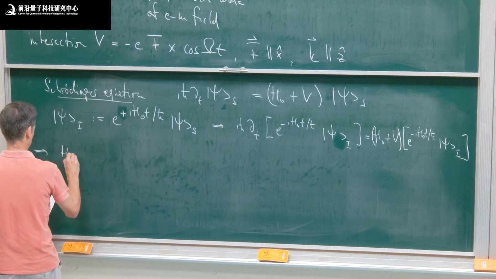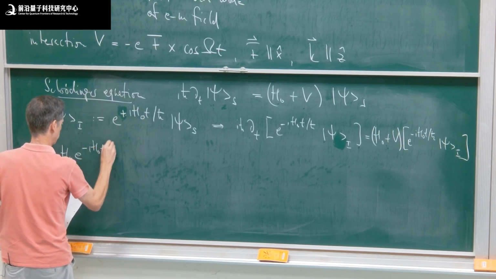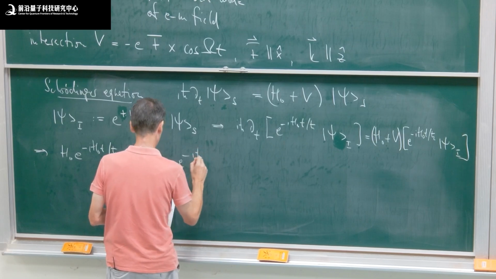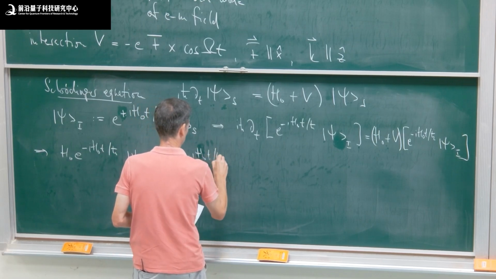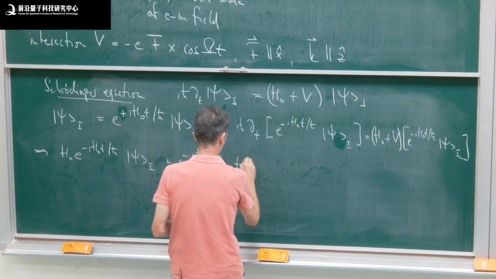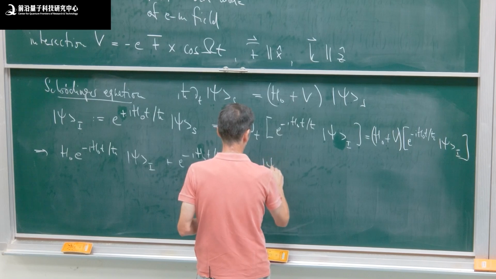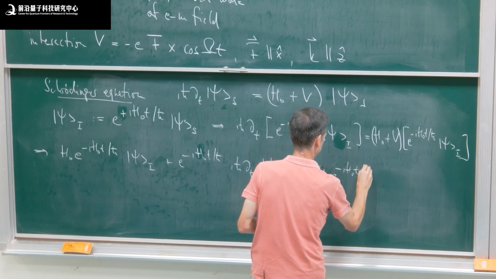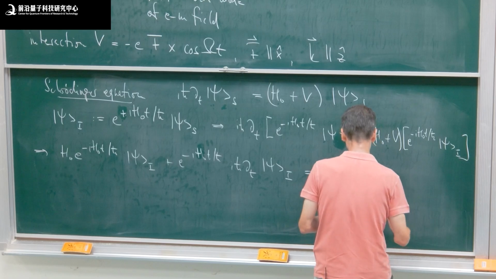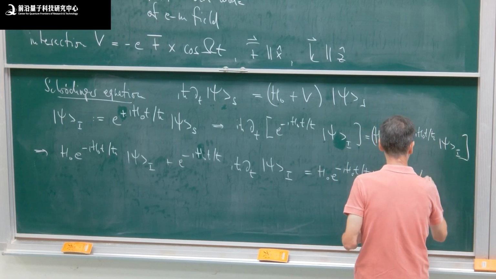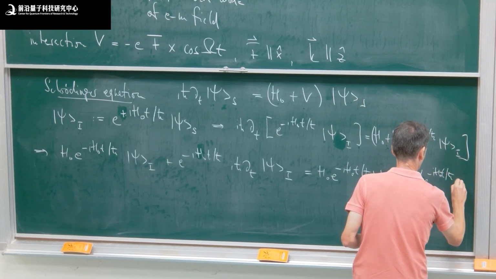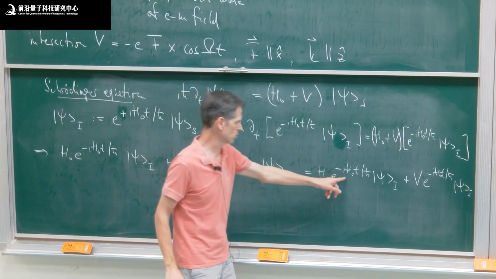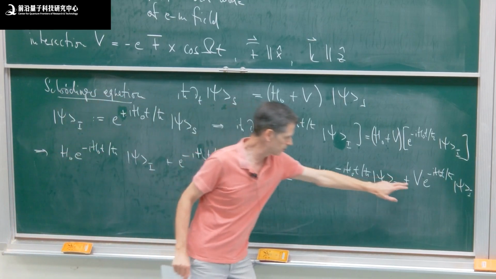I essentially get H0 times e to the minus i H0 t over ħ psi I plus e to the minus i H0 t over ħ iħ ∂t psi I equals H0 e to the minus i H0 t over ħ psi I plus V e to the minus i H0 t over ħ psi I. Right, and so this and this goes away, and I'm just left with this part and this part.